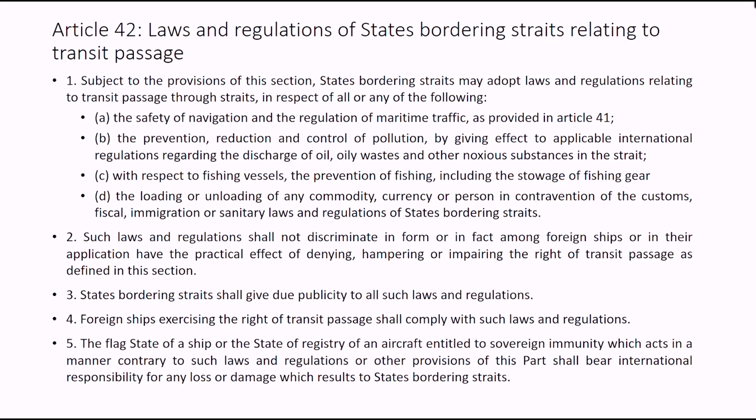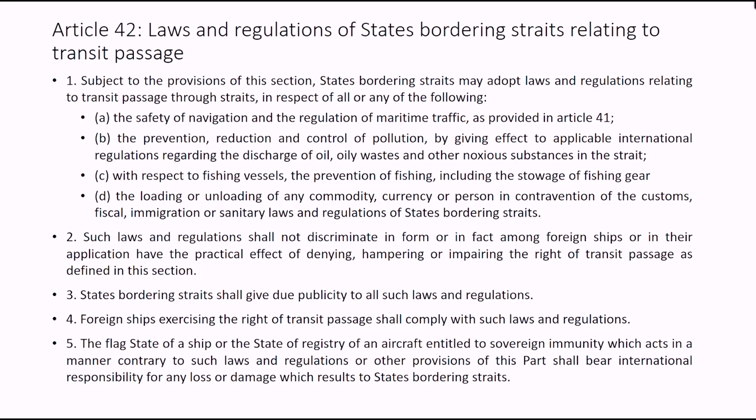Article 42 talks about laws and regulations of states bordering straits relating to transit passage. Subject to the provisions of this section, states bordering straits may adopt laws and regulations relating to transit passage through straits in respect of all or any of the following: the safety of navigation and the regulation of maritime traffic, as we had already discussed under Article 41.